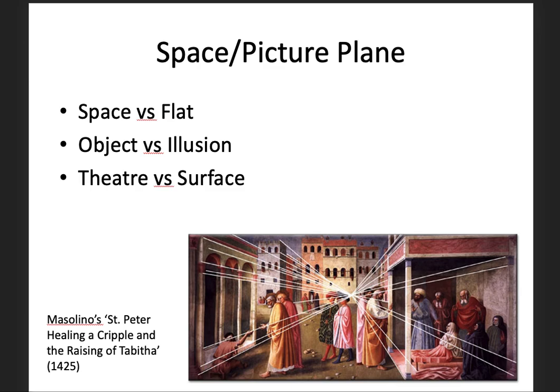The object versus illusion. Am I looking at an art object, or am I looking at an art object that happens to be illusory? Or illusionistic, sorry. Is that object a theater? Is there an acting narrative going on within it, or is it simply the surface that I'm dealing with in terms of the form?